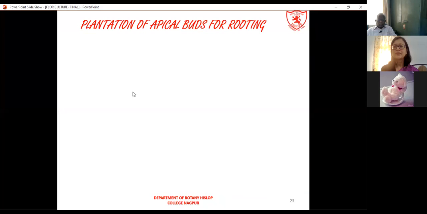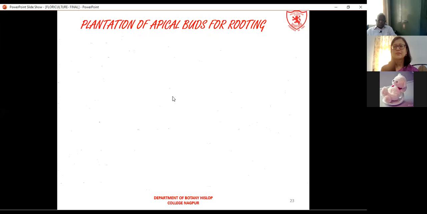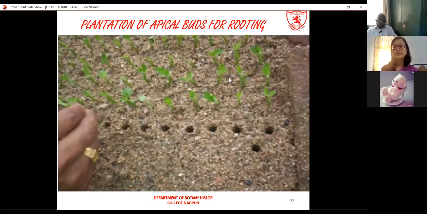Now, in the previous slide, when you are cutting down the tip, you can see that there are a large number of leaves. But when we are planting them, you will see that we remove the excess leaves. We can keep only one pair of leaves and the bud.